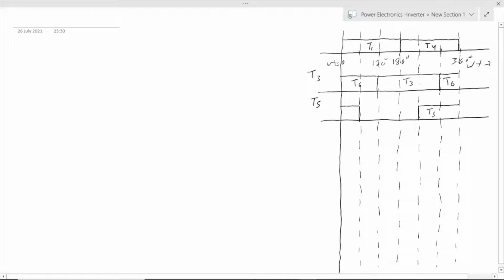So this is T5, and in between there will be T2. So this is the firing sequence of all the switches.